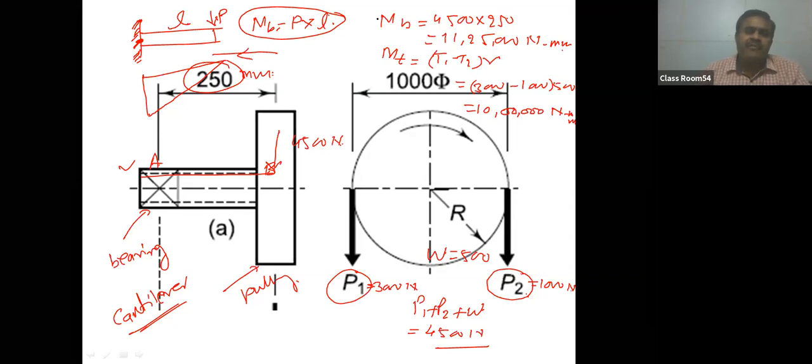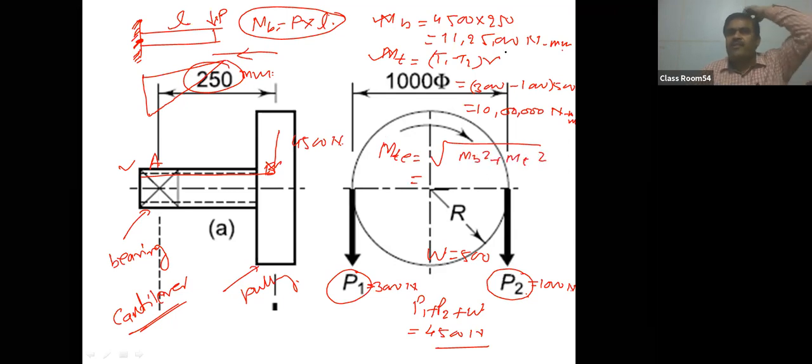तो देखिए, the hollow shaft is under bending moment also, under torque also, है ना? So it is a case of combined MB plus MT. In the case of MB plus MT, what is the procedure? We have to find the equivalent torque. Equivalent torque is given by the square root of MB square plus MT square. Solve it.